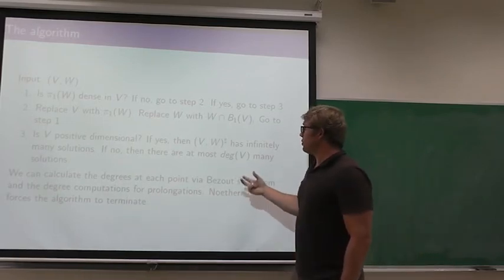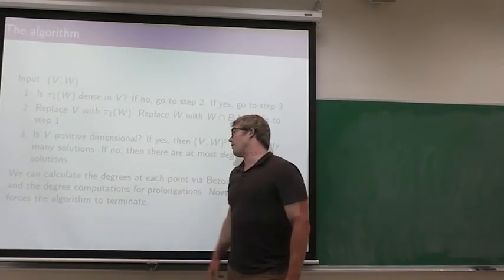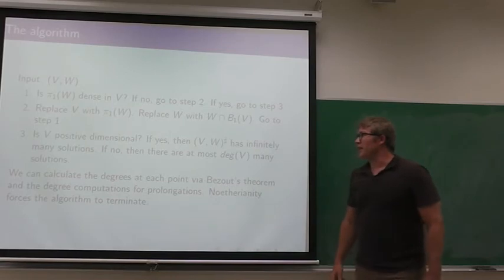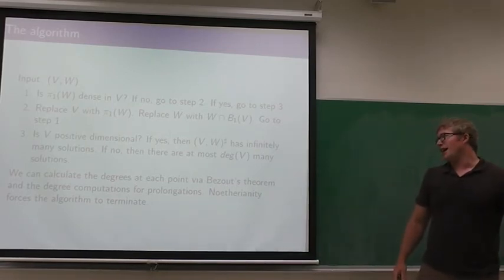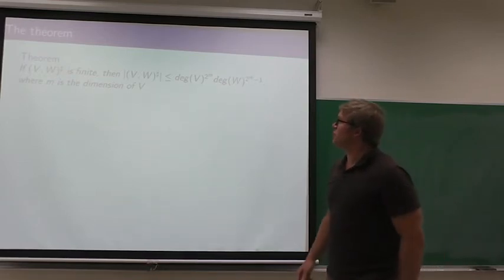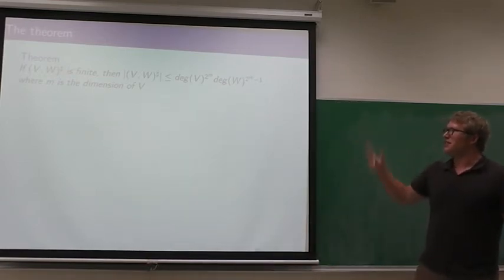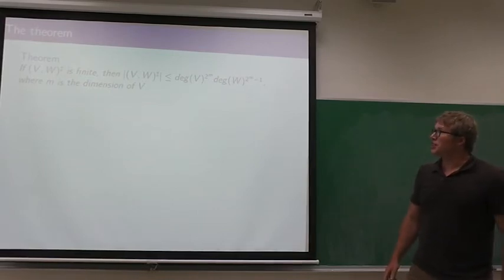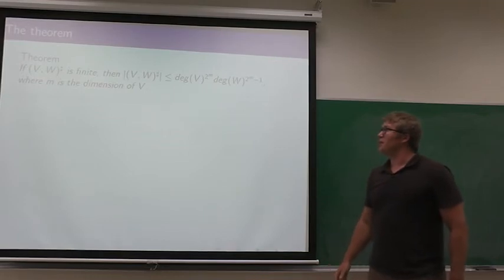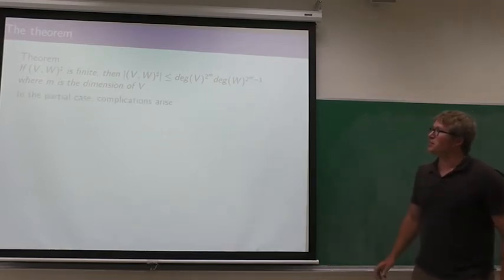So you keep track of the degrees, and if the solution set ends up being finite, then you get to step 3, and you calculate that finite number. If you think about this, what happens is that you get that bound, which is actually the same bound as Freitag and Jaoui established. It's just that their proof is missing some steps.